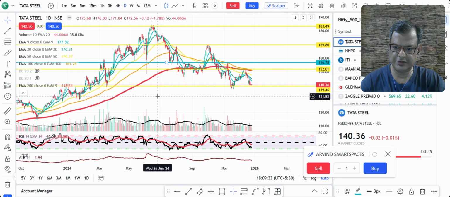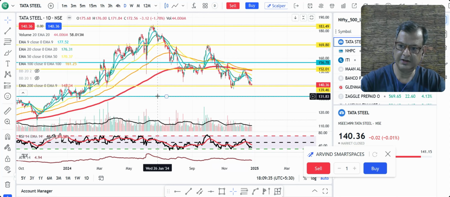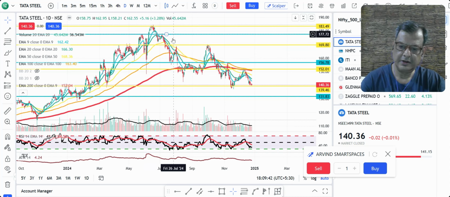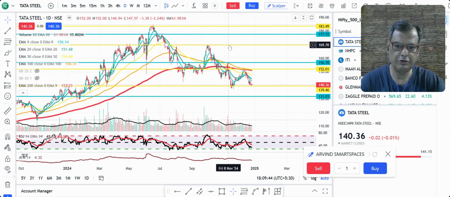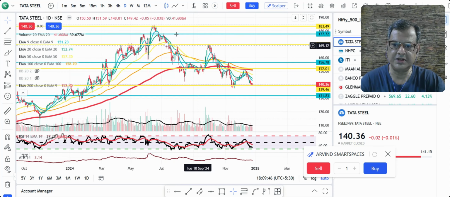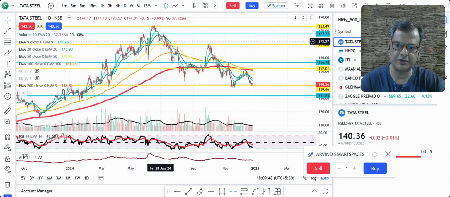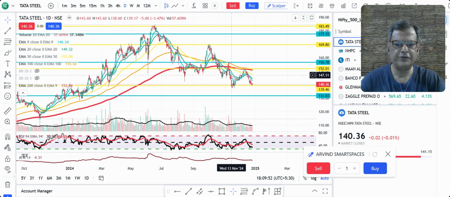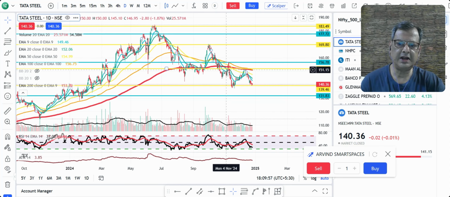Then I can also draw something like this here. Then I can also draw something like this here. Yes, you can definitely draw because these are valid touches. Price has bounced back from here. So you could draw these, but if you draw like this, it's too much.